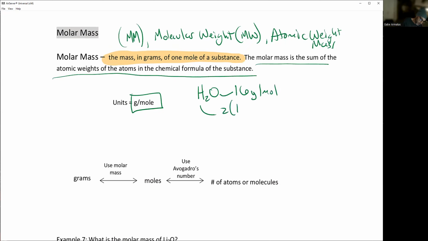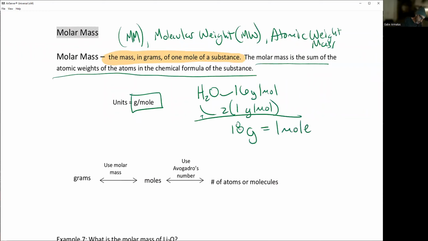It's 1.00, but it doesn't really matter. 1 gram per mole. So on average, if I add those parts up, I have 18 grams of water equal to 1 mole. Really, it's 18 grams per 1 mole.